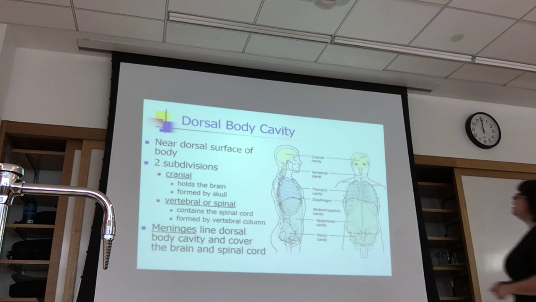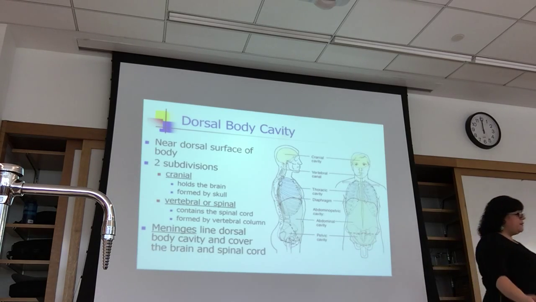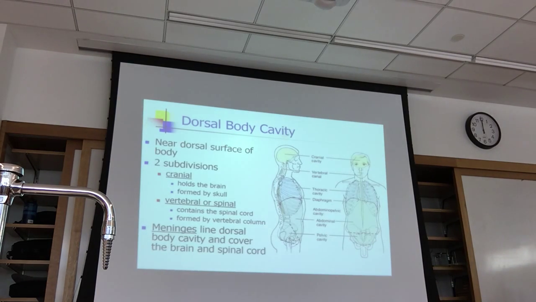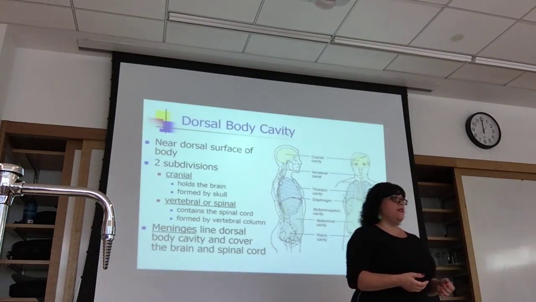Okay, let's look at body cavities. We can divide the body not only into anatomical terms or regions, but we can also divide it into body cavities. These are areas that contain organs or structures within the body.